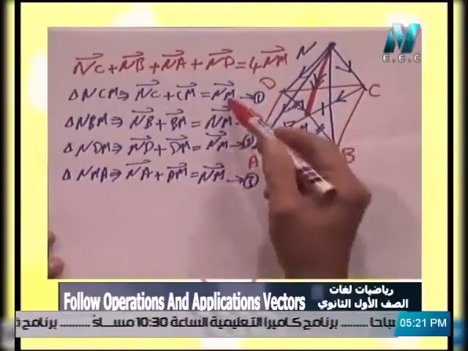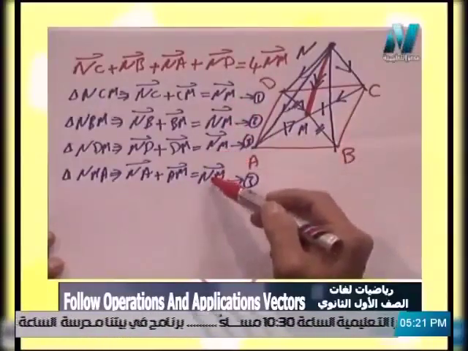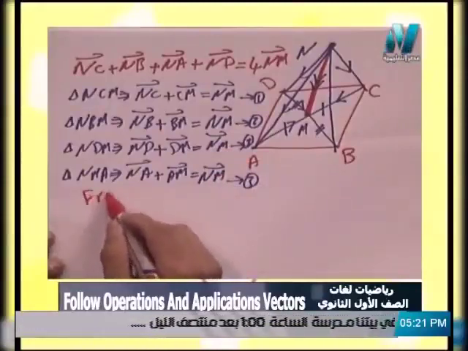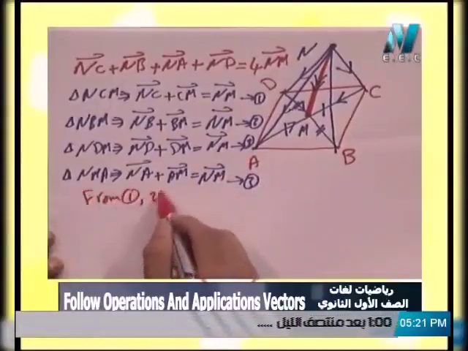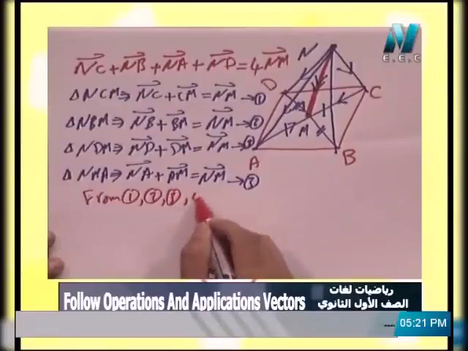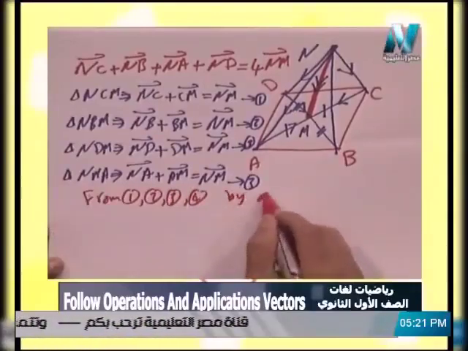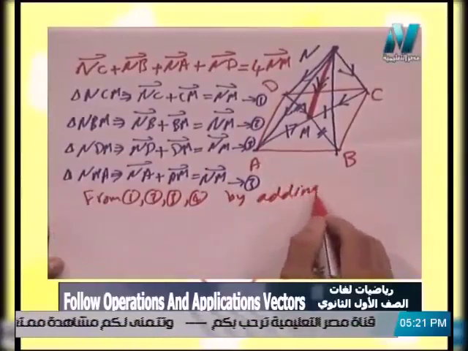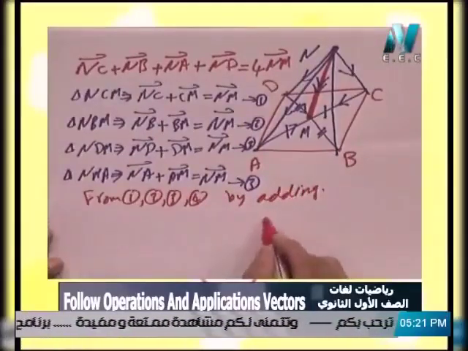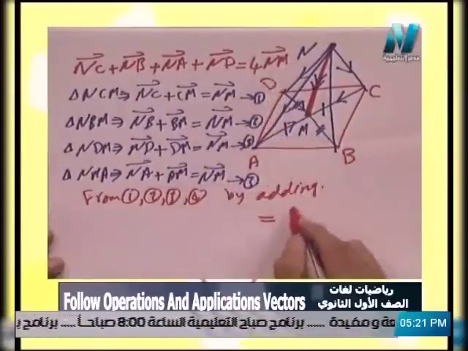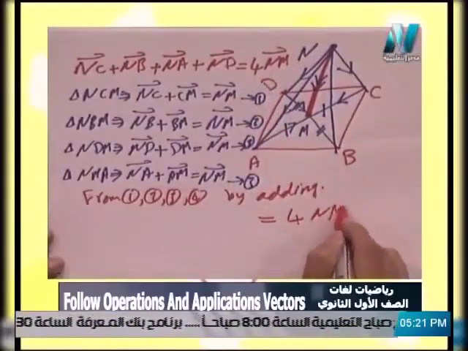From the 1, 2, 3 and 4 equations, by adding, it's easy to deduce that on the right side we have NM plus NM plus NM plus NM, which is 4 NM.